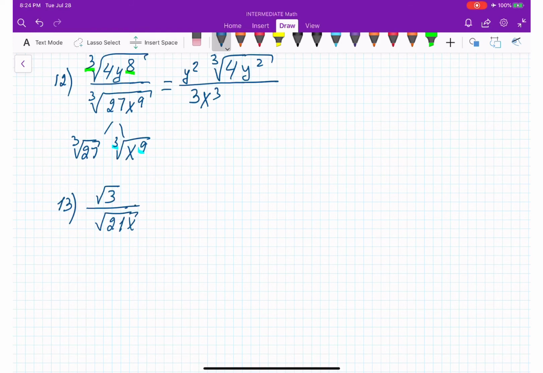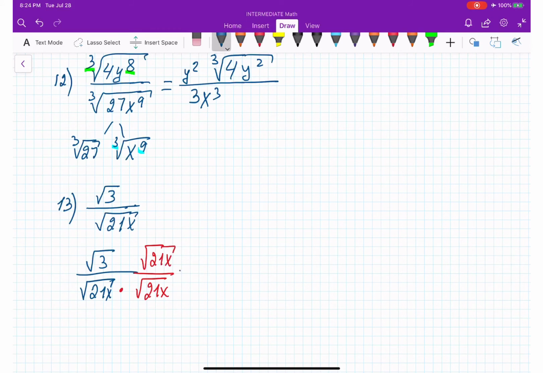Therefore, here we have no choice. We need to rationalize, which means multiplying by, oops, this is x. So therefore, I'm multiplying by square root 21x here and multiplying by 21x here.